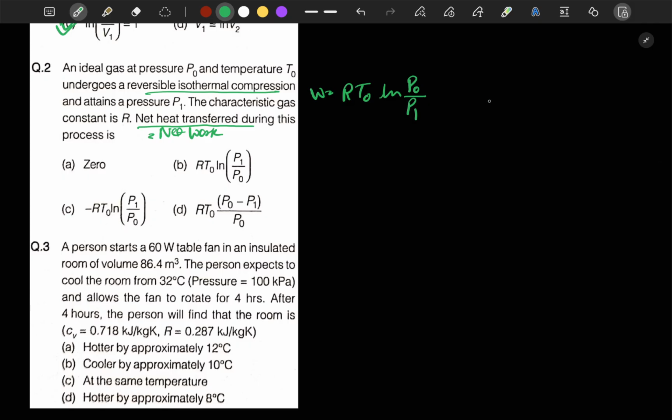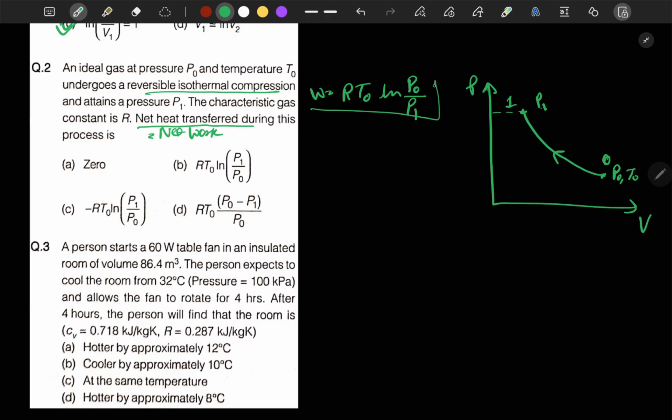If we draw a PV diagram, isothermal compression means the process goes from state 0, that is P0, T0, to state 1, that is P1, and the temperature is still T0. So we can write the work equation like this, and from this we can see that it will follow this relation. So option C is correct.